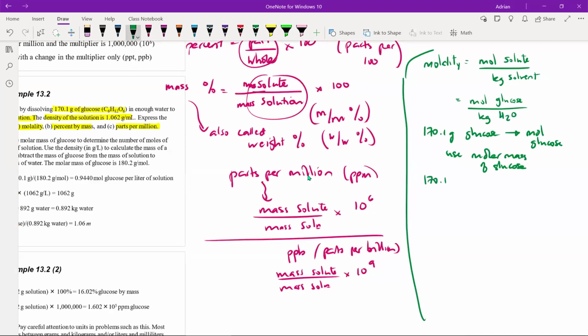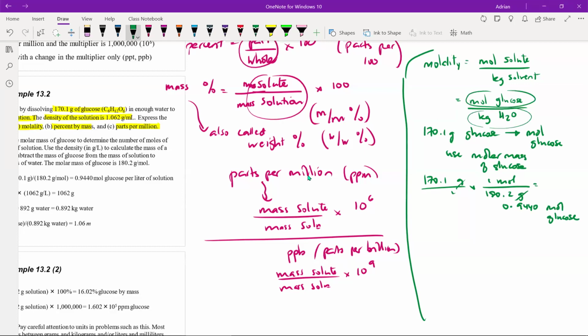We need to add up 6 carbons, 12 H's, and 6 oxygens. So that would be about 180. So 1 mole is 180.2 grams. Grams go away. All right, so we get 0.9440 moles of glucose. That's the numerator that we just found.